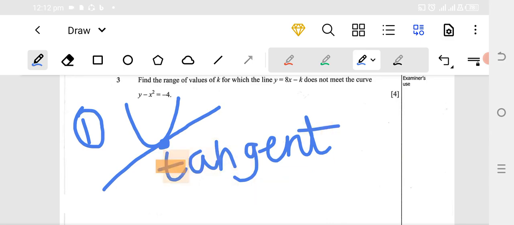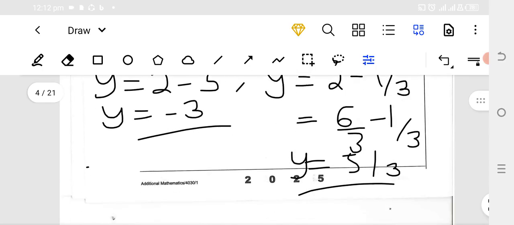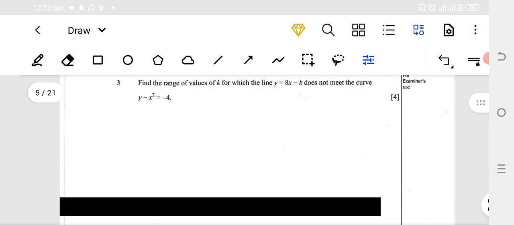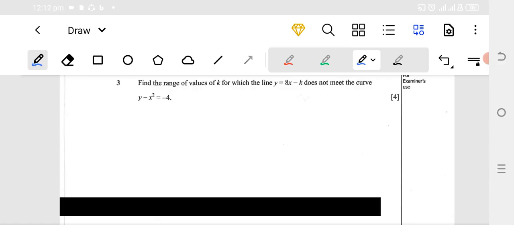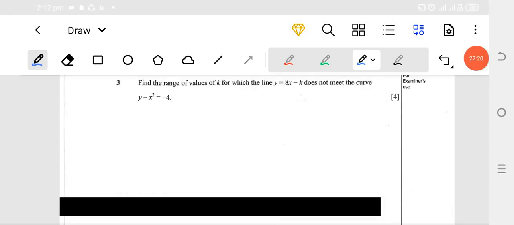Then the second scenario: you have your curve like that, and then you have a line. Now it's touching the curve at 2 distinct points.